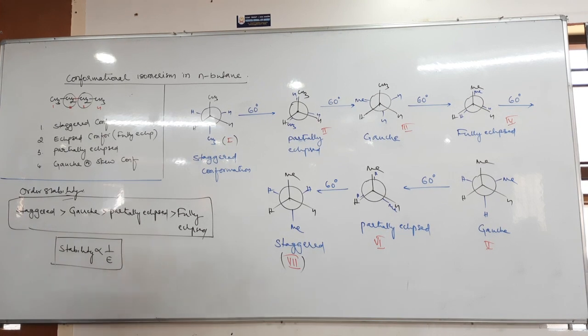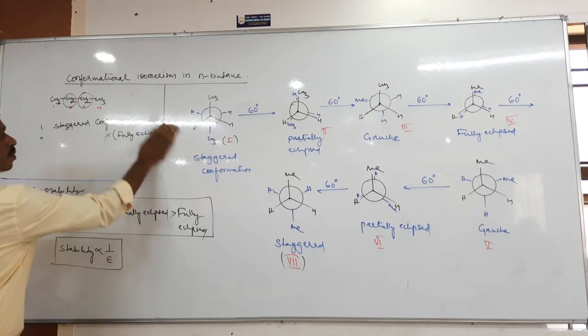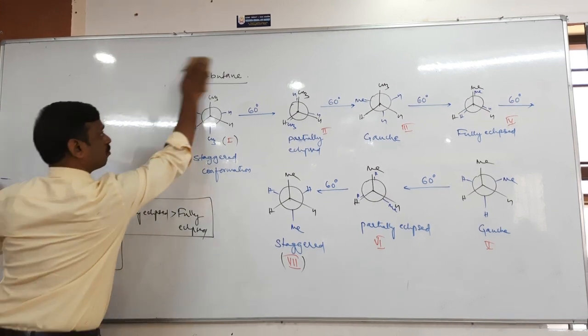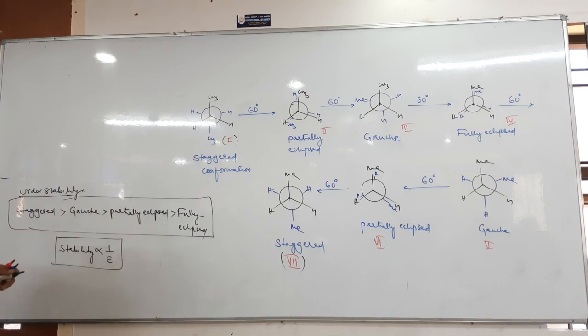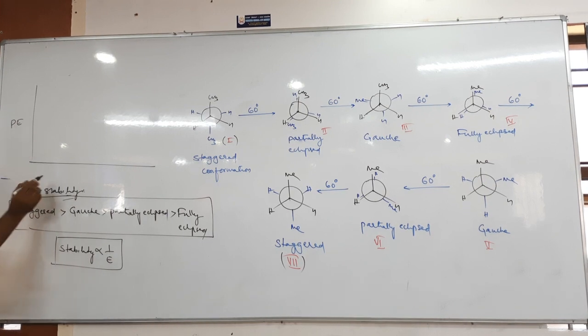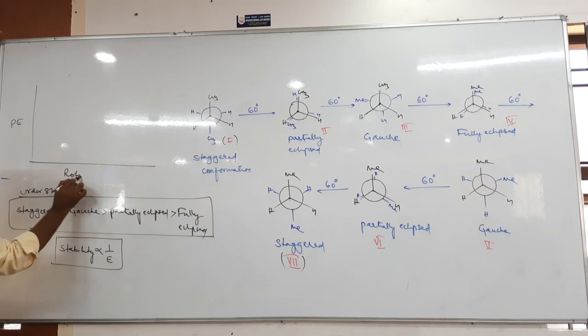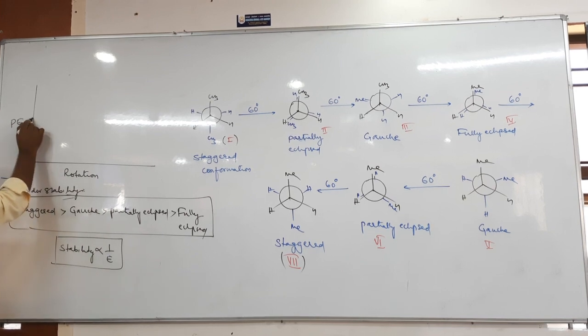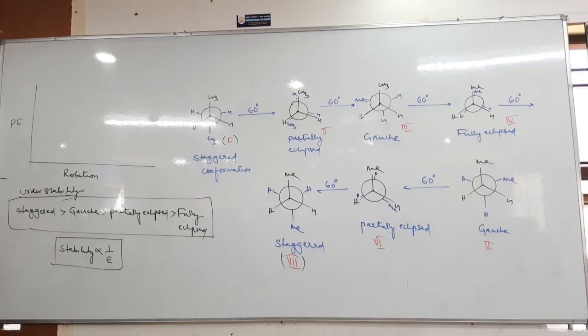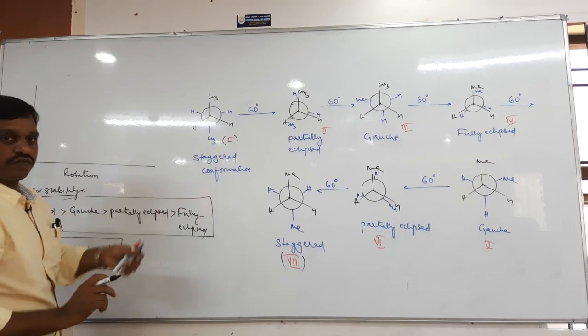Next is the graph. When a graph is plotted between energy and rotation, let us take potential energy and rotation on the x-axis.